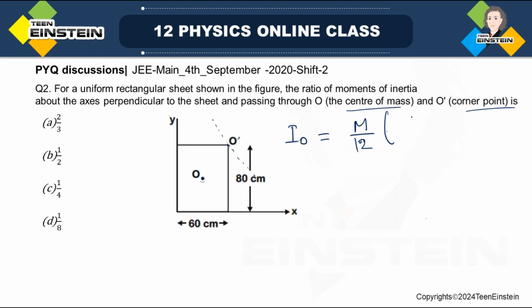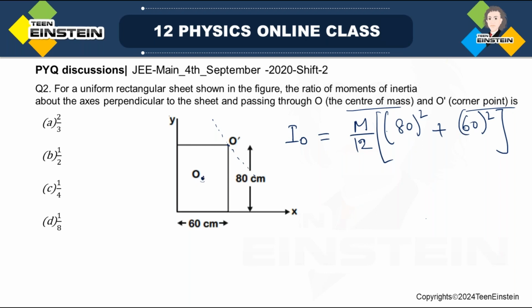A square means length square, plus b square, b is breadth square. So this will be the moment of inertia about an axis which is passing through the center of this rectangular lamina or sheet. So this we can find out.